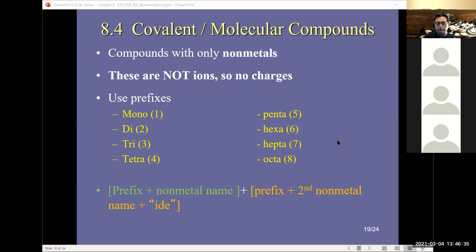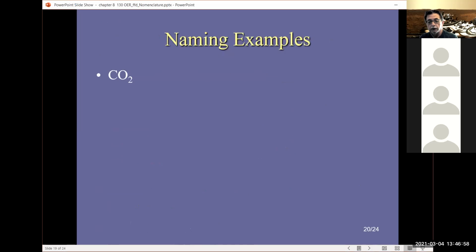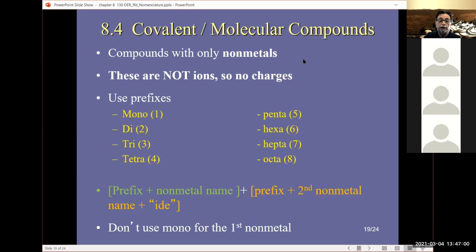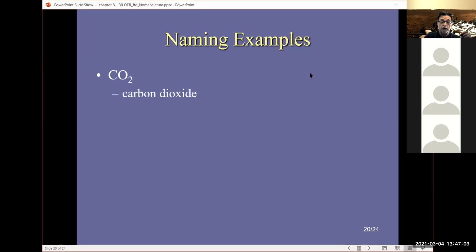And then the second, we change the name again, like we did with the ionic compounds, okay? But in both cases, we add prefixes if necessary. If the first nonmetal is all by itself, we just leave it as carbon, like CO2, for example. CO2 would be simply called carbon dioxide.